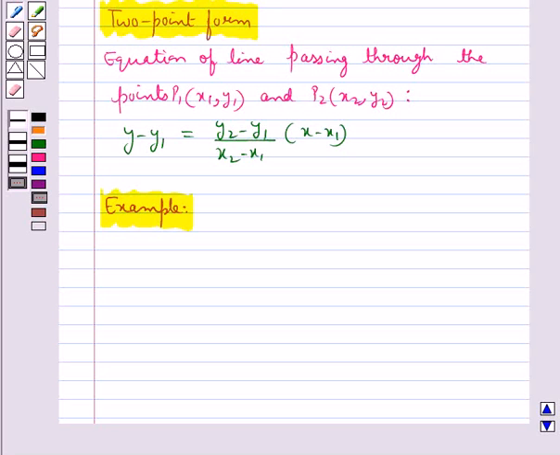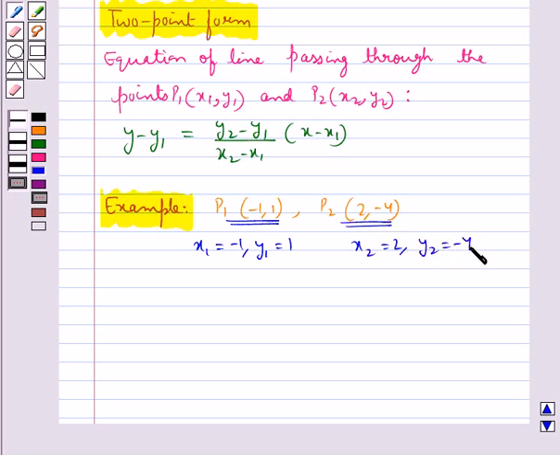Let's try and find out the equation of a line passing through the points, let it be point P1 with coordinates minus 1, 1 and point P2 with coordinates 2, minus 4. So we have from here x1 is -1 and y1 is 1, and x2 is 2 and y2 is -4.